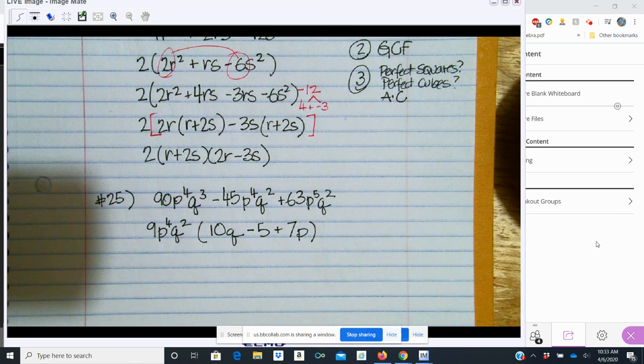But that's all you can do with this one. But if you factored out a 3, yeah, that's all you can do with this. So if you only factored out a 3 instead of the 9, it would not have taken it. But that would have been a small error. In the grand scheme of things, that's a pretty little thing.